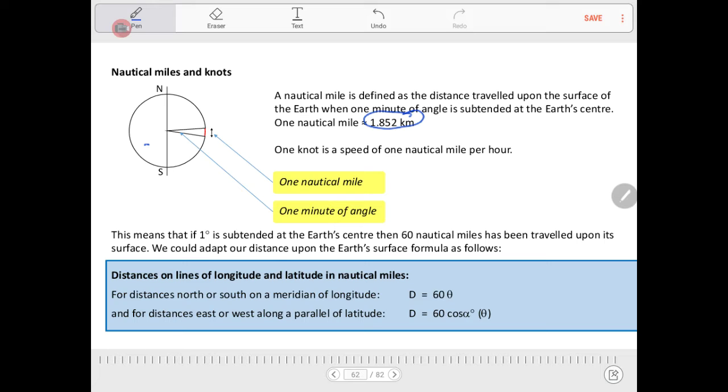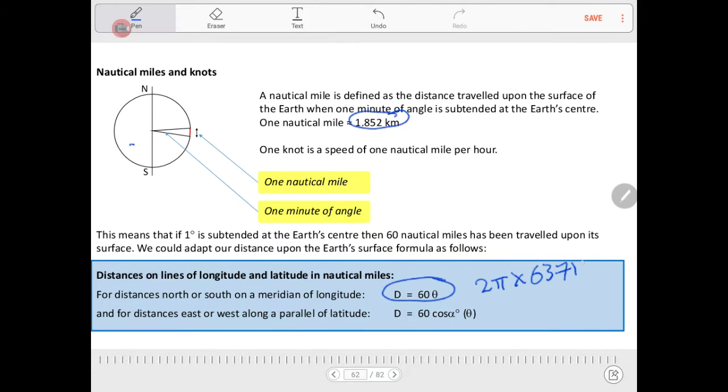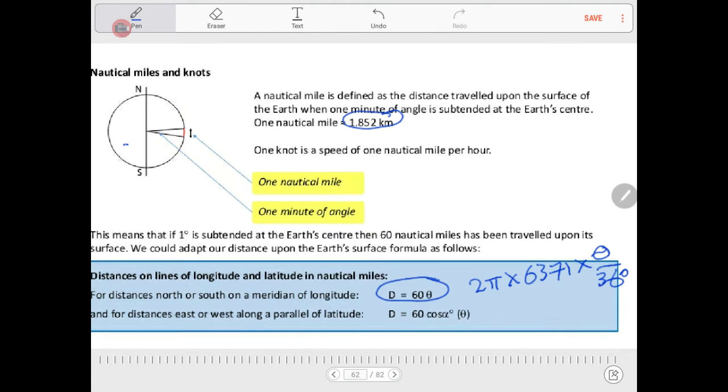For travelling north or south on a line of longitude, the formula is just 60 by theta, the angular separation, which is much easier than doing the kilometres version of this formula, 2 pi by the radius of the Earth by theta on 360. So rather than using that formula that we learnt earlier, we're going to be using just a very simple formula, 60 times theta.